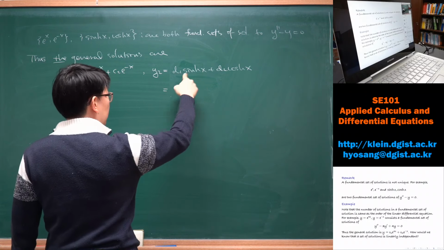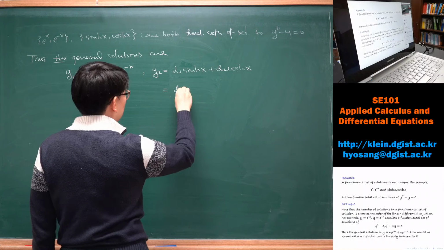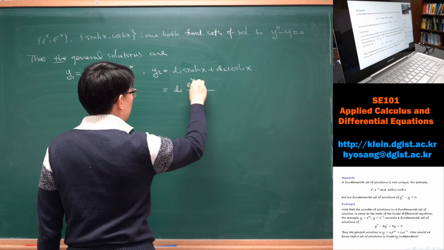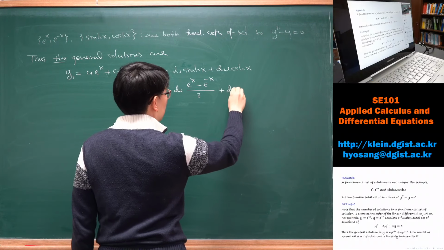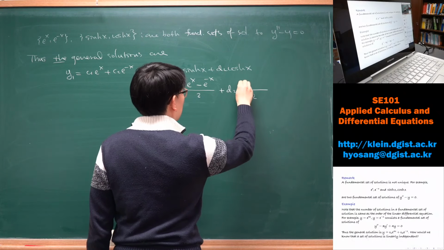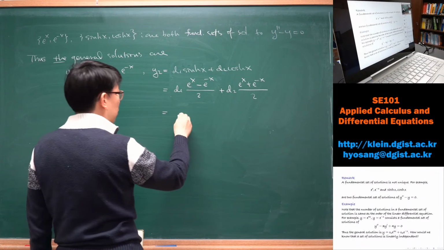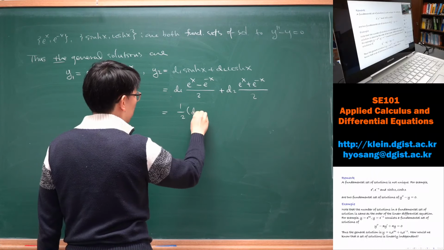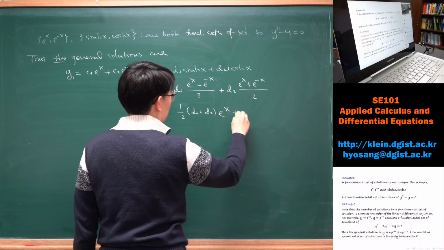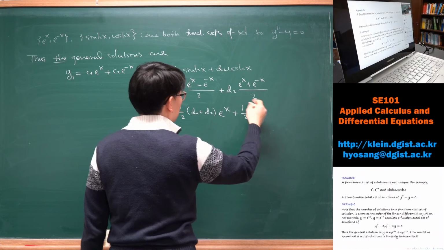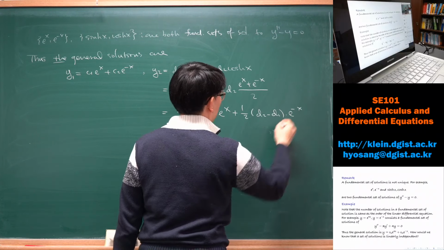Why? Because if I take the definition of hyperbolic sine and hyperbolic cosine, this is nothing but d1 times e to the x minus e to the minus x over 2, plus d2 times e to the x plus e to the minus x over 2. Splitting this, we have d1 plus d2 over 2 times e to the x, and here we have d2 minus d1 over 2 times e to the minus x.